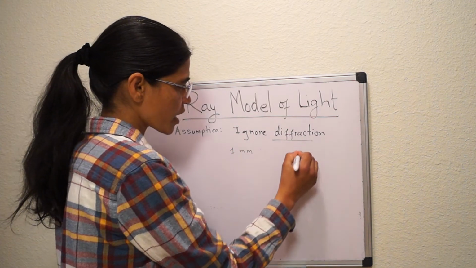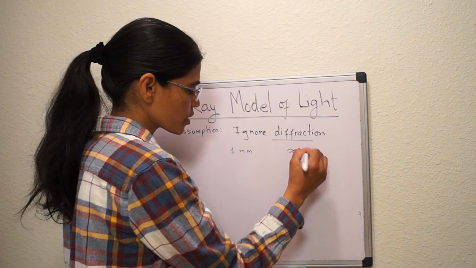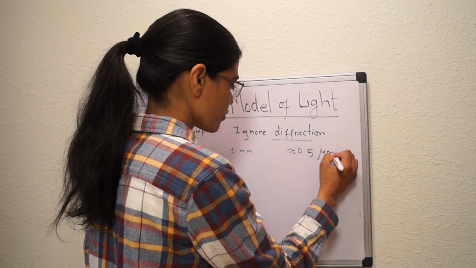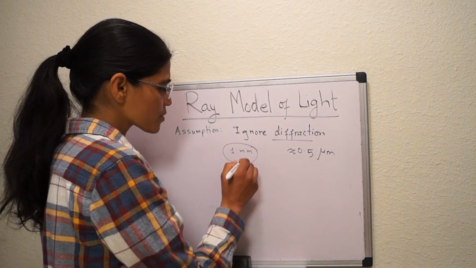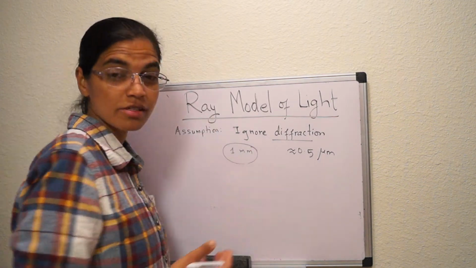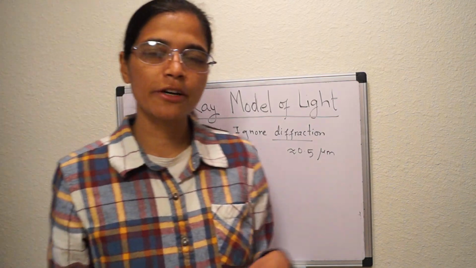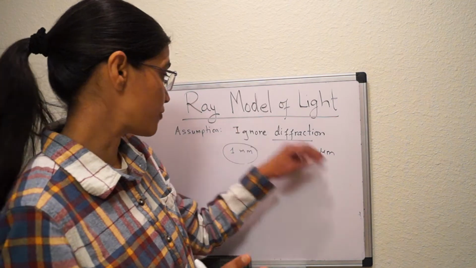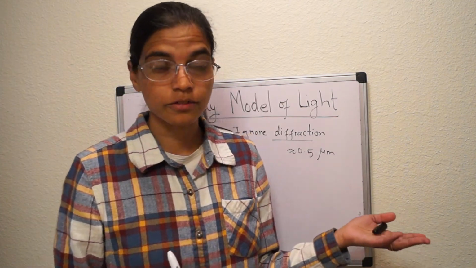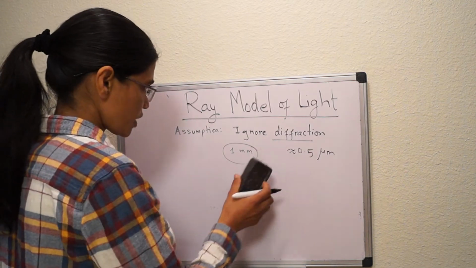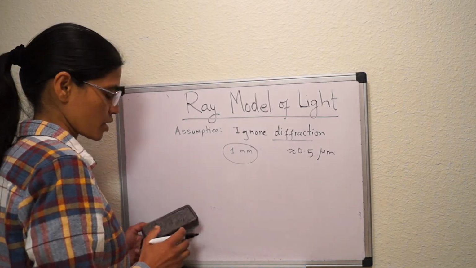For diffraction it was about 0.5 micrometer, but for the ray model the slit would be around 1 millimeter or bigger, so we can ignore the diffraction pattern of light. This is one of the most important assumptions here.